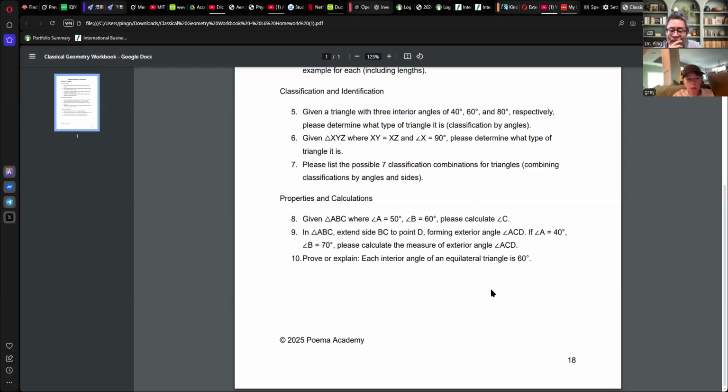Add together 180. That's the very important property of a triangle. Number 9. In triangle ABC, extend side BC to point D, forming an exterior angle ACD. If A is 40, B is 70, please calculate the measure of the exterior angle ACD.